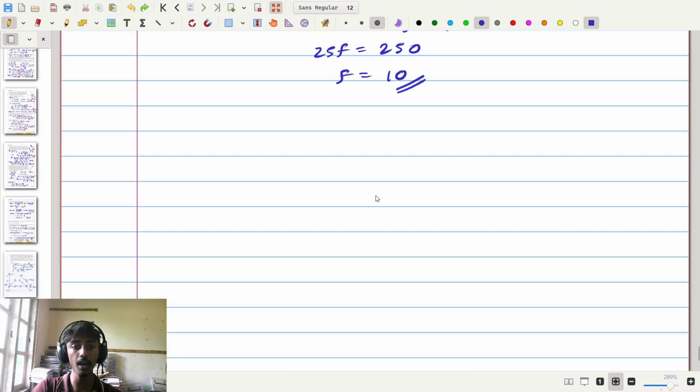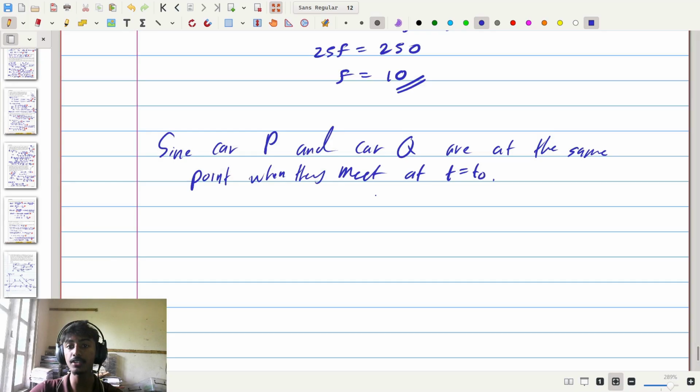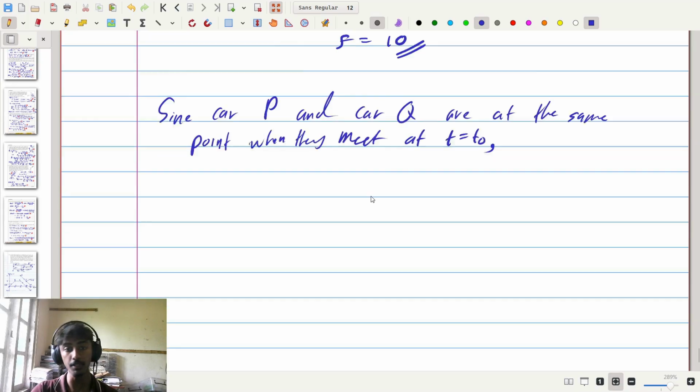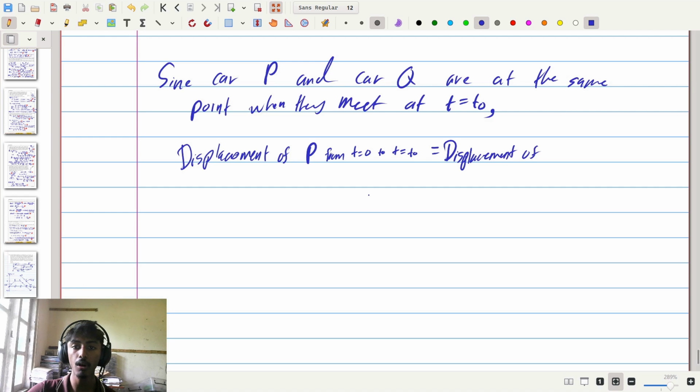Now considering that, we can see going down, since car P and Q are at the same point when they meet at t equals t0, the total displacement of P must be equal to displacement of Q. So therefore, we can say displacement of P from t equals 0 to t equals t0 is equal to displacement of Q from t equals 0 to t equals t0.